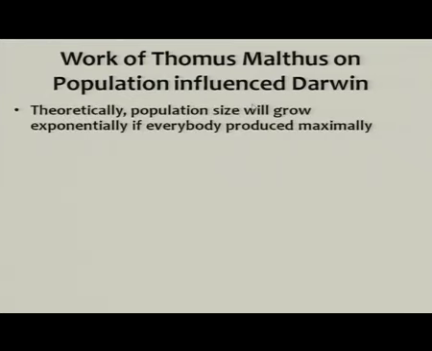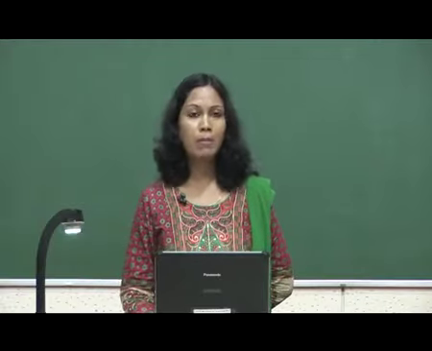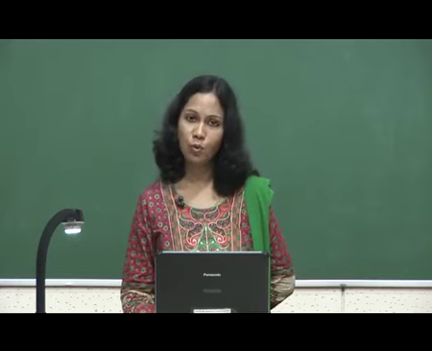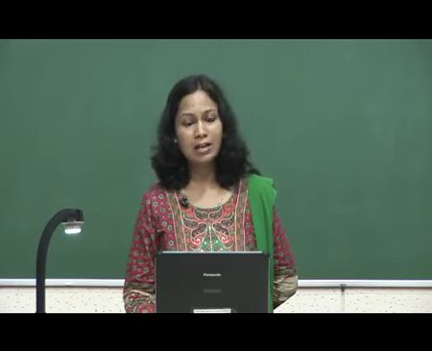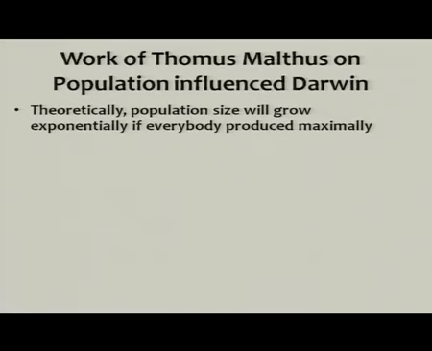He said that theoretically population will grow exponentially if everybody could reproduce maximally. If there is no competition, the organisms have this tendency, they can reproduce exponentially, and then the population will also grow exponentially. So, they can reproduce to the maximum extent and increase their population.